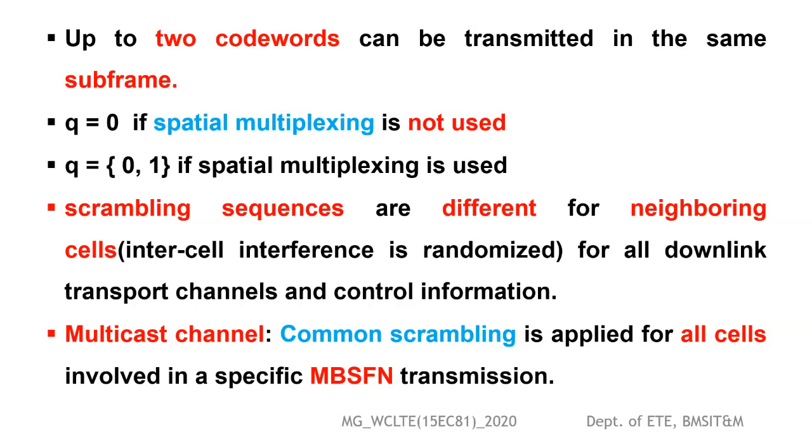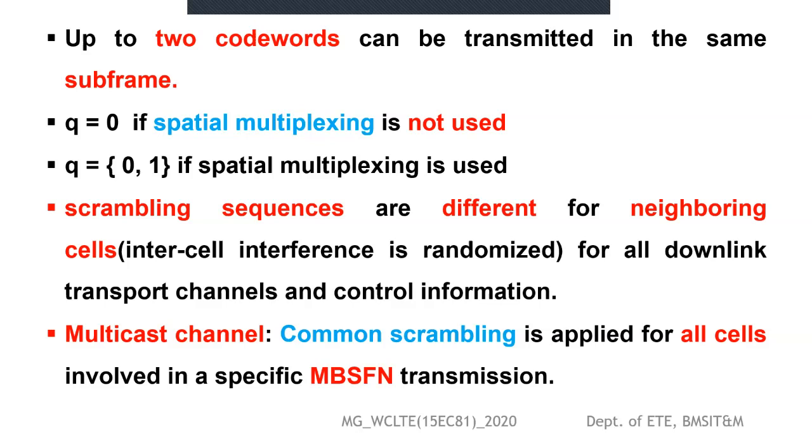All the downlink transport channels and control information are handled like this. Scrambling sequences are different for neighboring cells, except for the multicast channel. For the multicast channel, a common scrambling is applied for all cells.